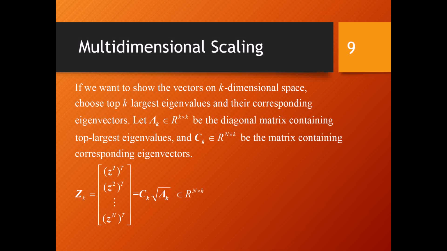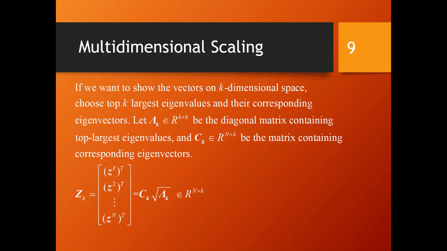And by doing this, your Zk here will keep the Euclidean distance relationship in the original high-dimensional space as much as possible. Okay? Because we have provided an n by n square matrix D to show you the Euclidean distance.